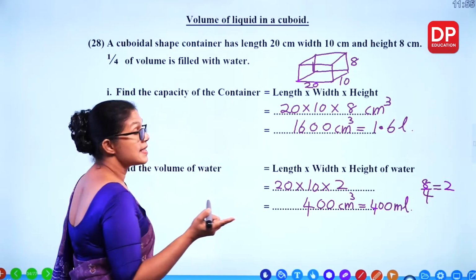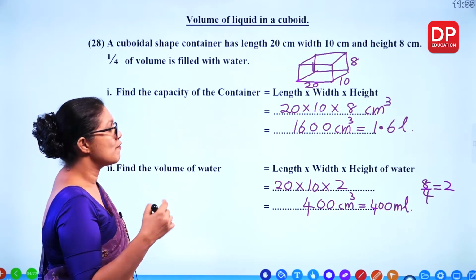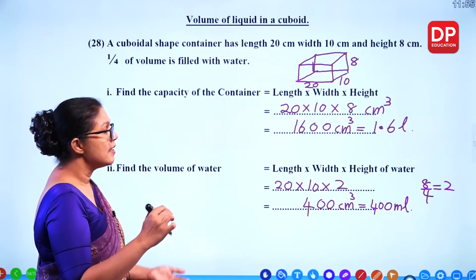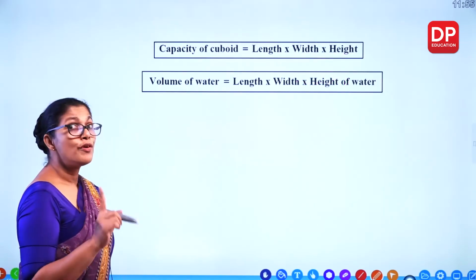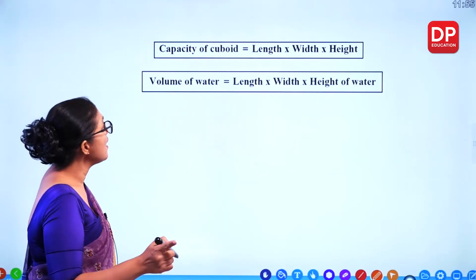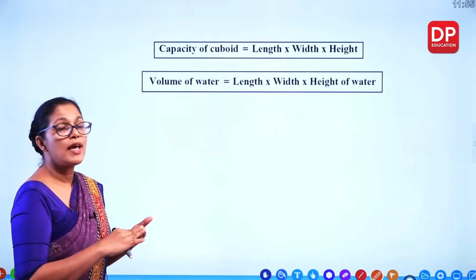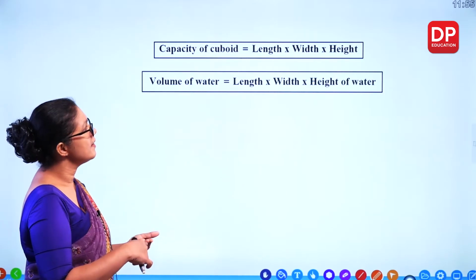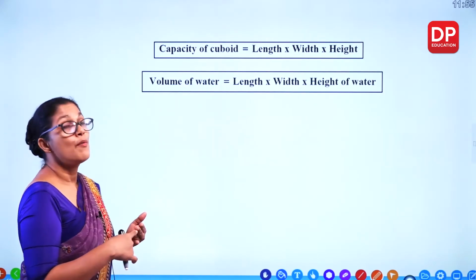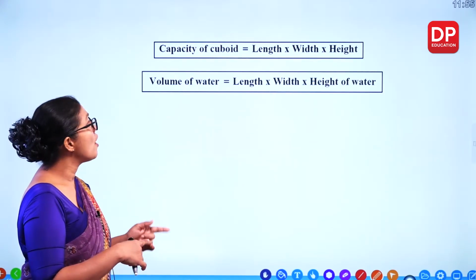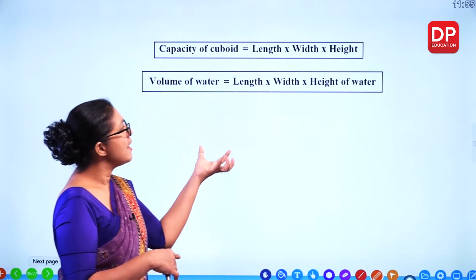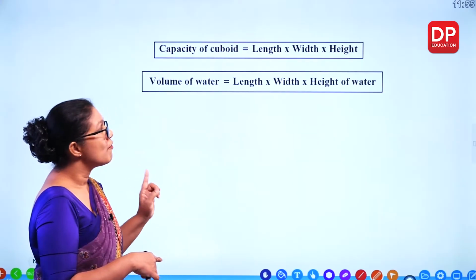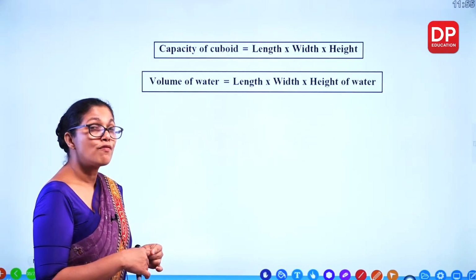So the capacity is 1.6 liters and 400 milliliters is the volume of water. So now you know the difference. What's the capacity of a cuboid? You take the full height, length into width into height. But when we talk about the volume of water, we take same length, same width, but for height, that's height of water.